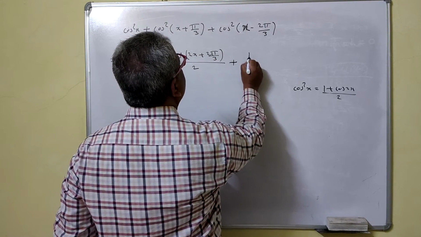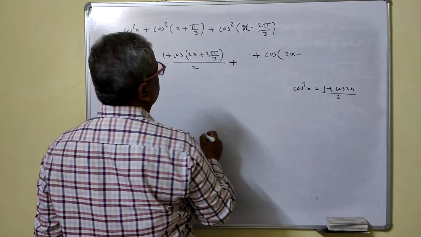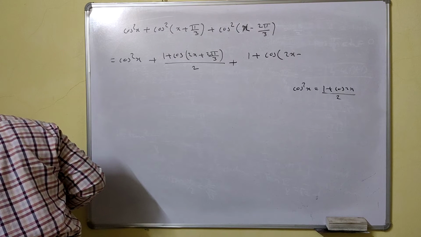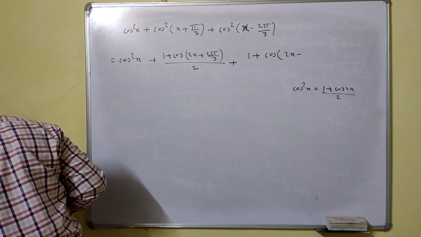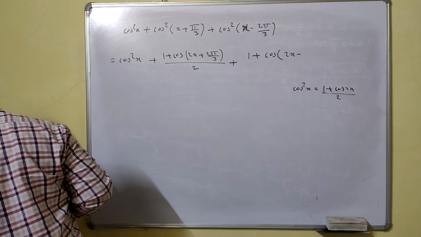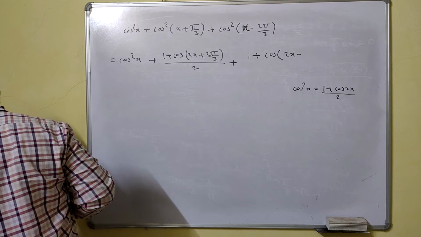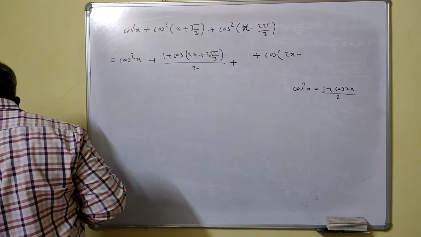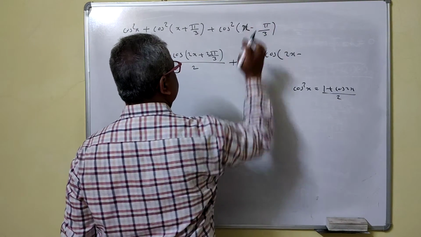Again we will write, 1 plus cos of twice x minus 2 pi by 3, upon 2. This is also not 2 pi by 3, this is also pi by 3.